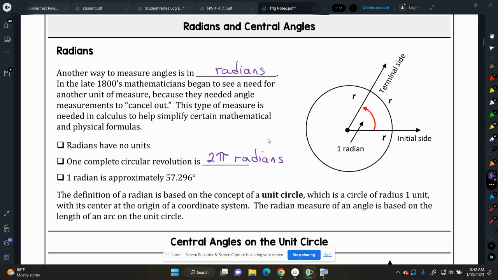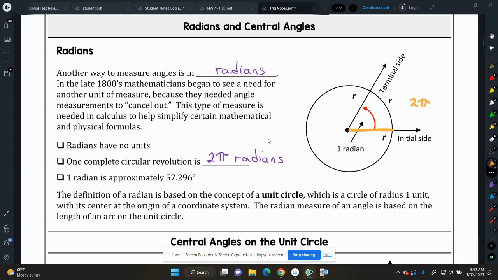If you think about the circumference of a circle, what's the formula for the circumference of a circle? 2 pi r, right? Full circle, 2 pi r. So if your radius is 1, then the circumference of that circle is what? 2 pi.